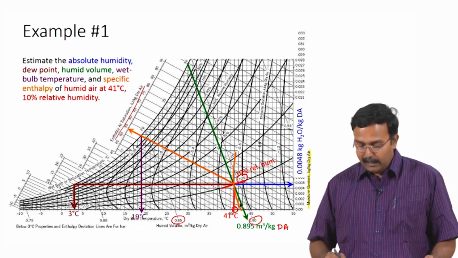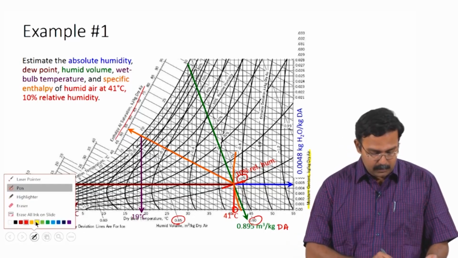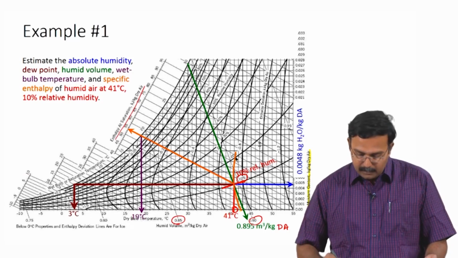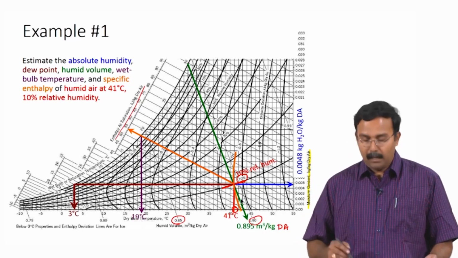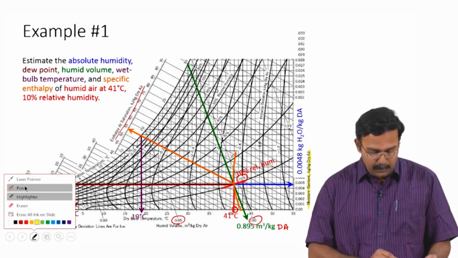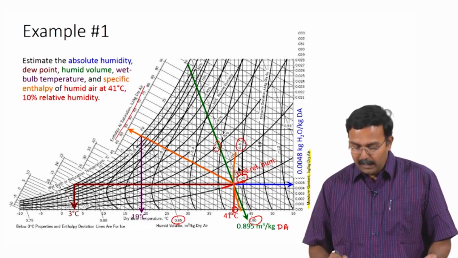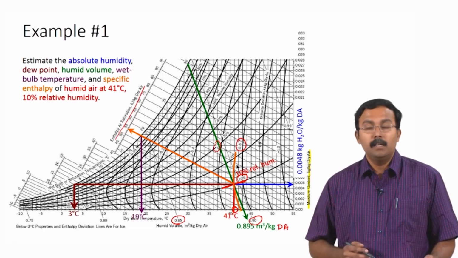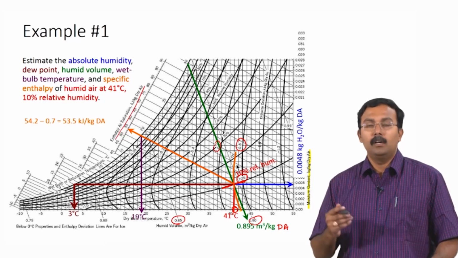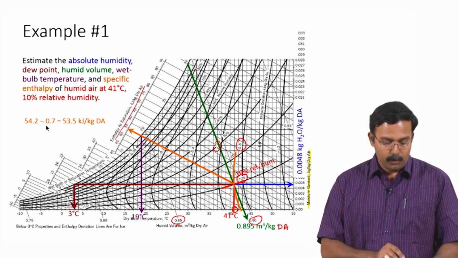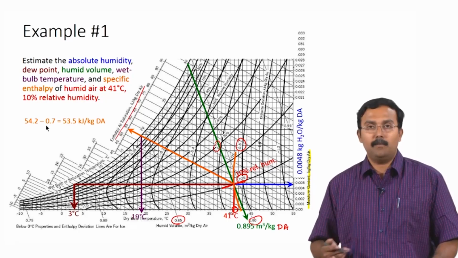We also need to account for the enthalpy deviation, which is the curve drawn here in orange. This falls between minus 0.6 and minus 0.8, so the value would be roughly minus 0.7. Using this, we can calculate the actual specific enthalpy of humid air as 54.2 minus 0.7, giving us 54.5 kilojoules per kilogram of dry air.